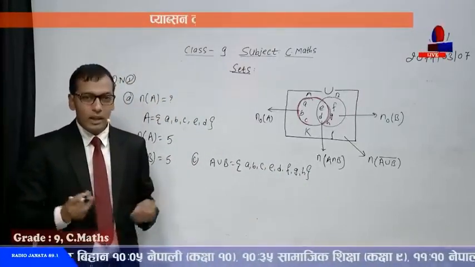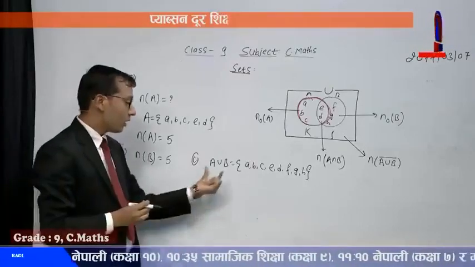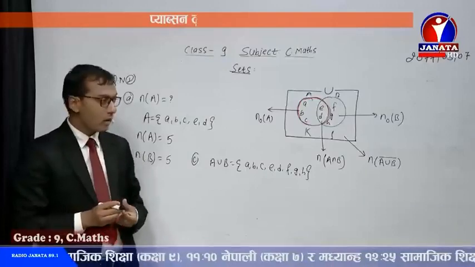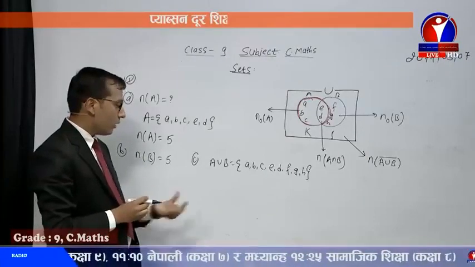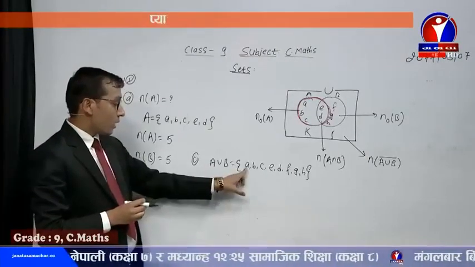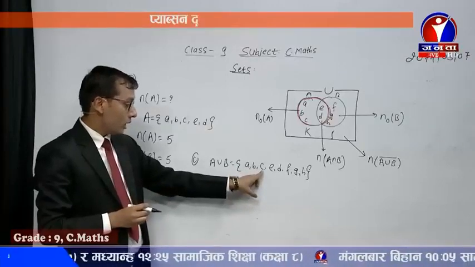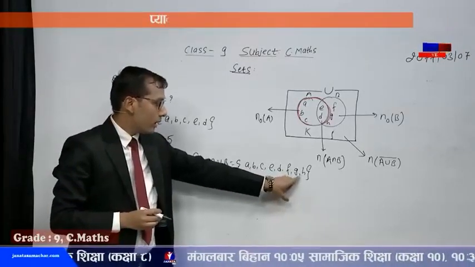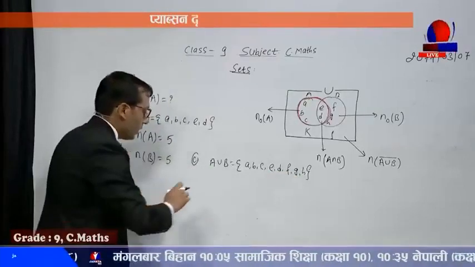Now, can we write the cardinal number just by counting the elements? How many elements are present here under A union B? Let's count: 1, 2, 3, 4, 5, 6, 7, 8.